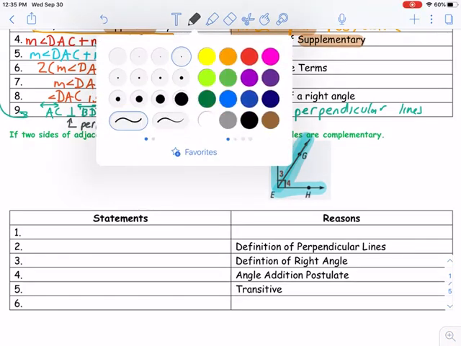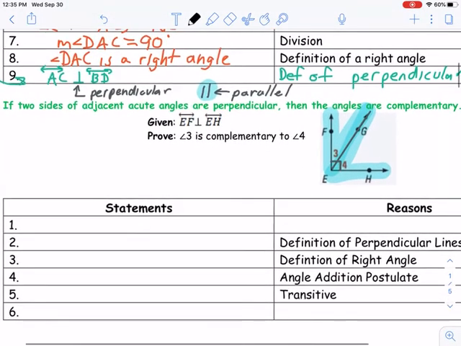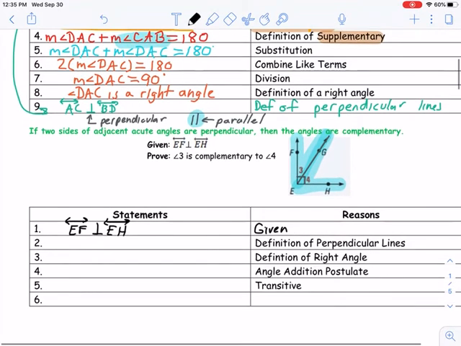So let's fill in our first statement, free points: EF perpendicular to EH, given. Now, what's the definition of perpendicular lines?